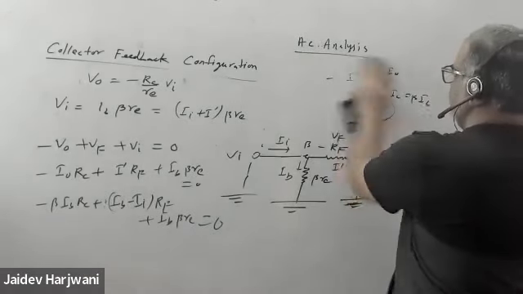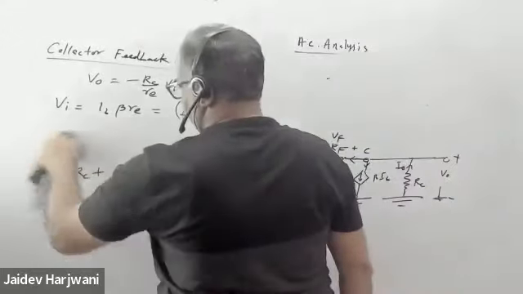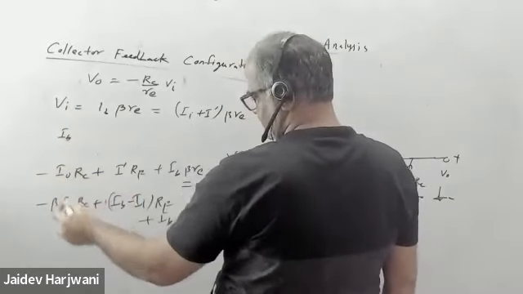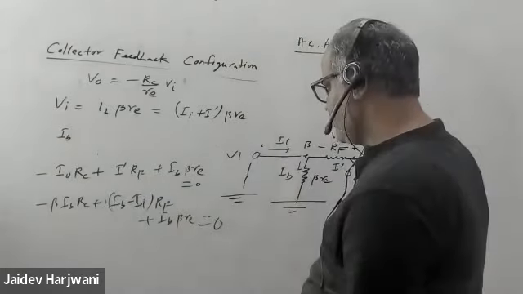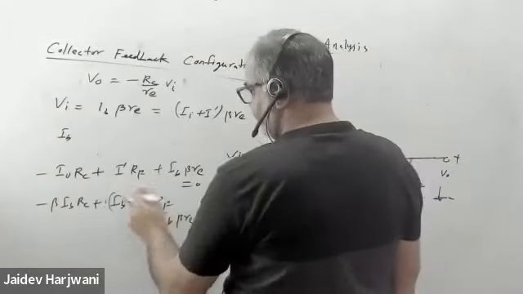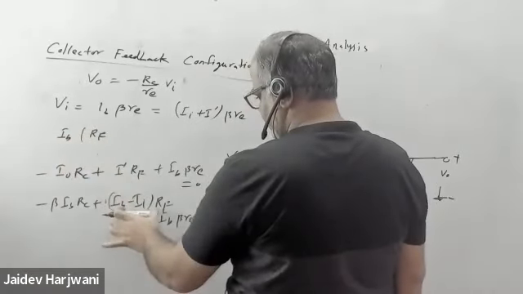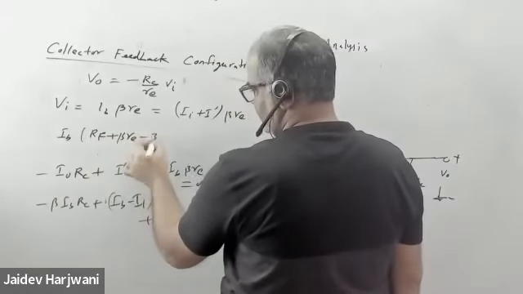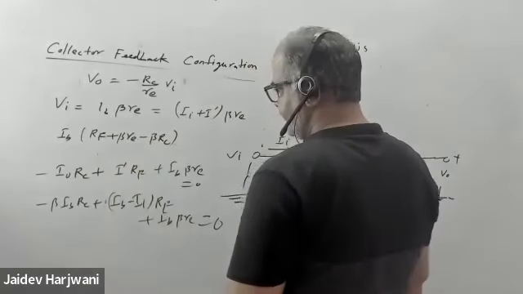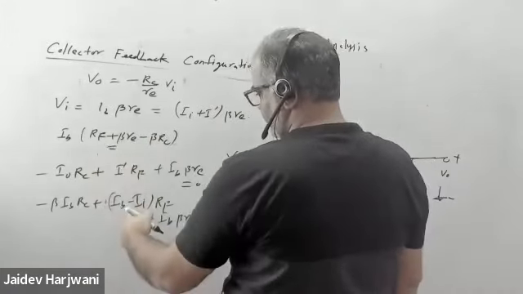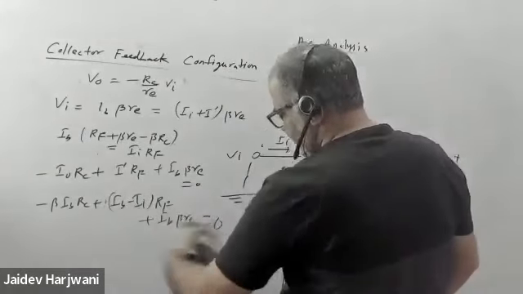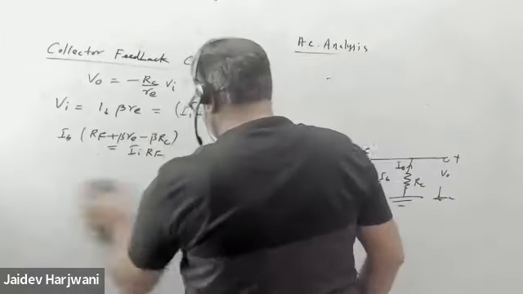So IB will be, taking IB that side, IB times RF plus beta RE, and plus beta RC, this is IB, and that equals minus I input RF. I'm doing a little bit of algebra.